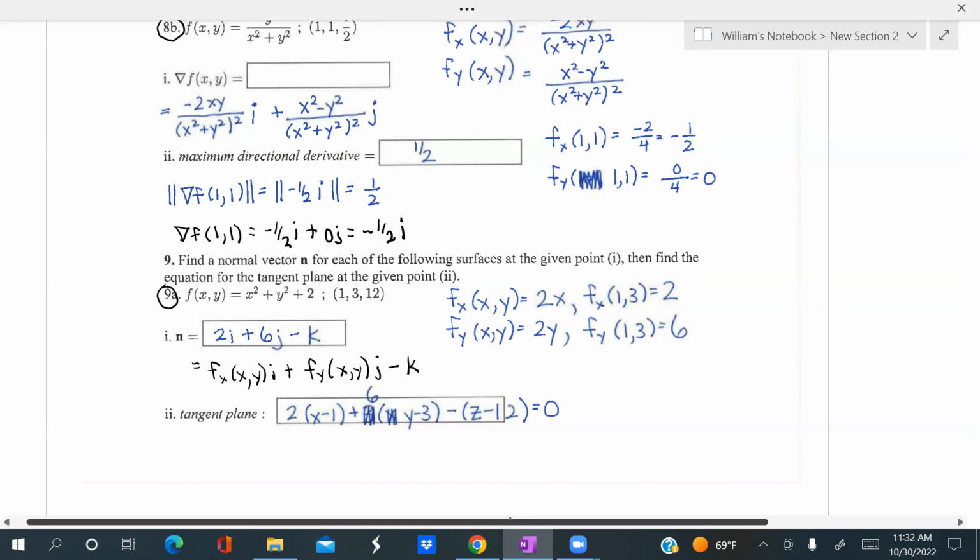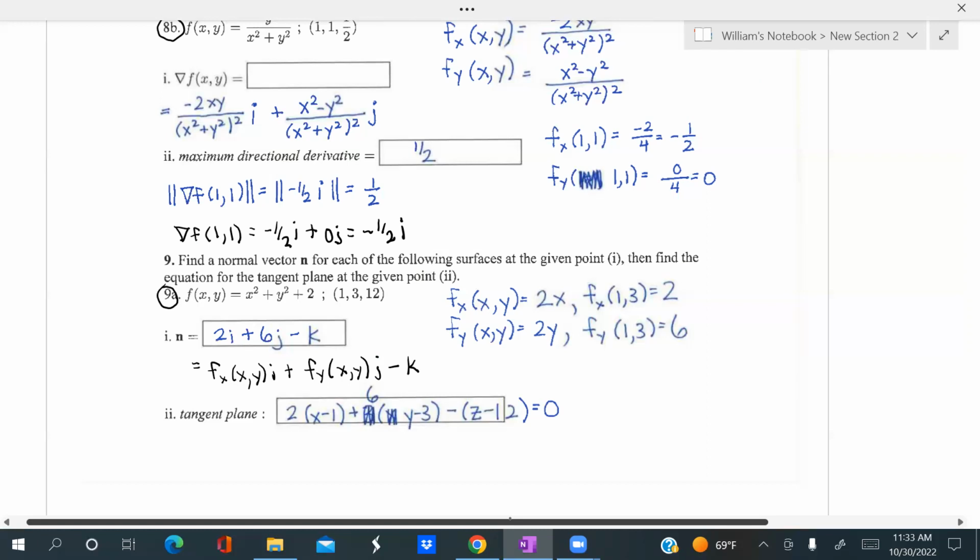But of course, the point on our tangent plane is also the point on the surface, because we want the tangent plane at this particular point. So we have 2, the coefficient of i in the normal vector, times x minus 1, the x coordinate of our point on the plane, plus 6, the coefficient of j, times y minus the y coordinate of our point on the plane, which is 3.